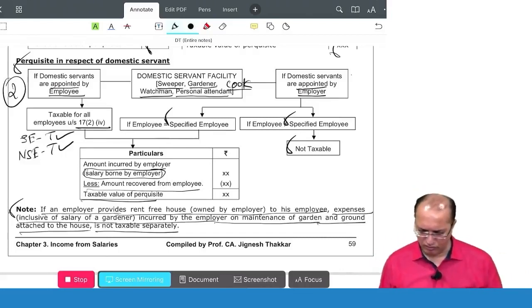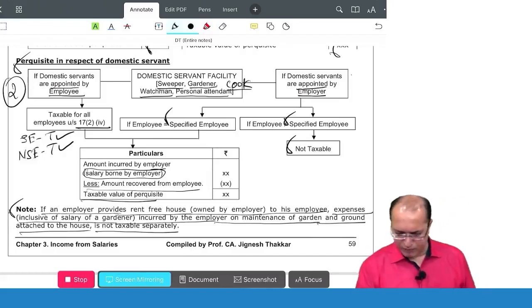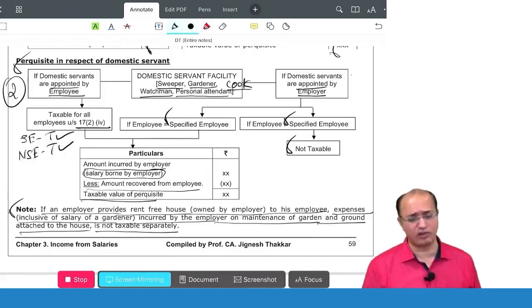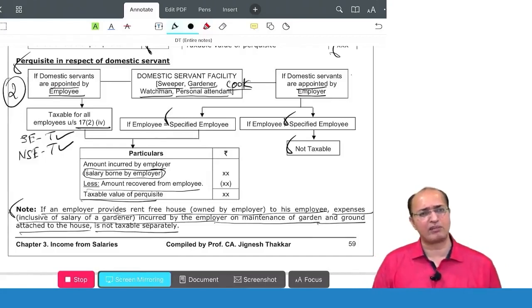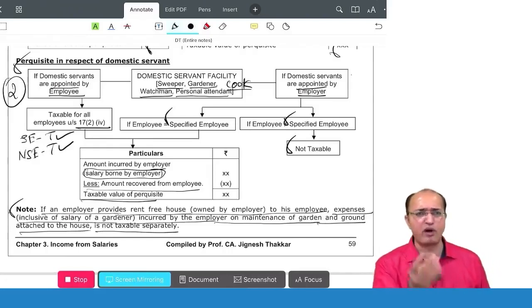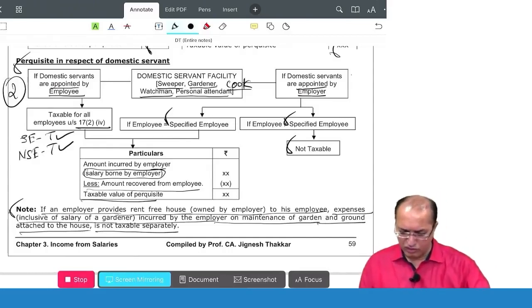Yes or no? So entire chapter we are discussing from employee's point of view only. If we say that it is not taxable to employee, means government is not having an intention to levy the tax. Why? Because employee is a non-specified employee, small employee. Have you understood?